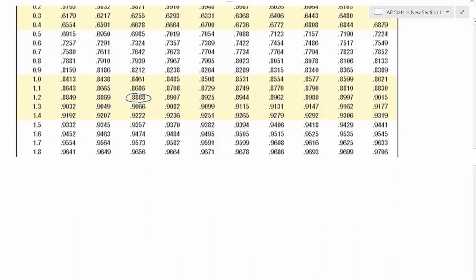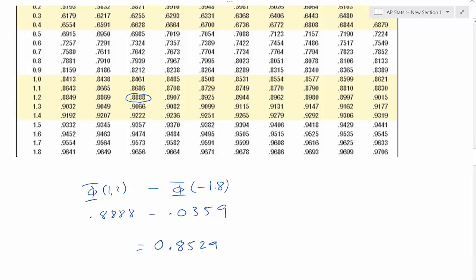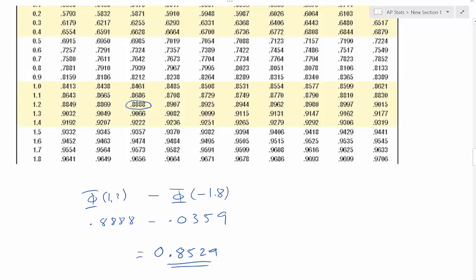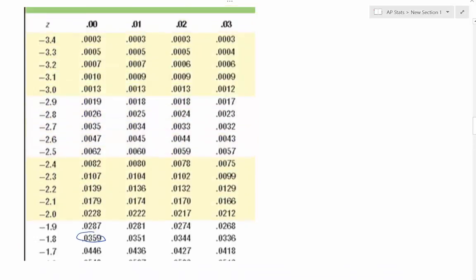So the answer is phi of 1.2, 0.8888, minus phi of minus 1.8, which was 0.0359. So the answer is 0.8529.